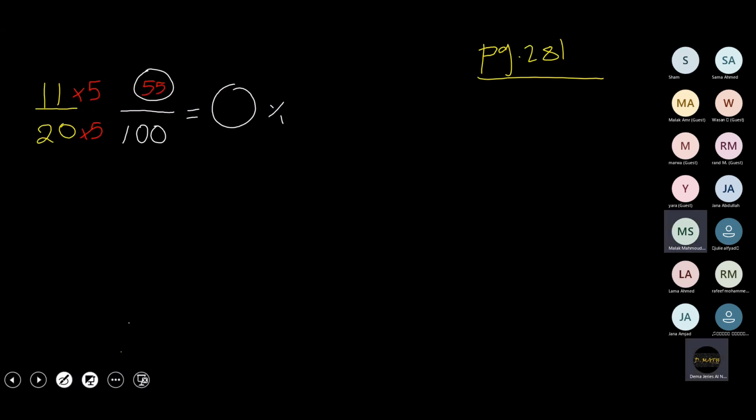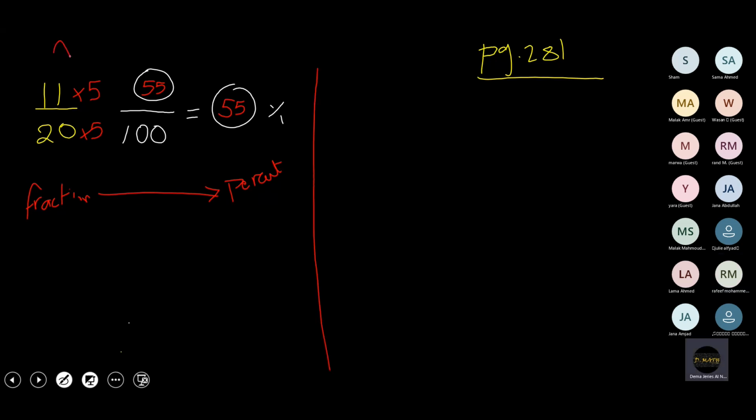So it's going to be 55 over 100, or 55%. So this is how we write a fraction as a percent. Is it clear?